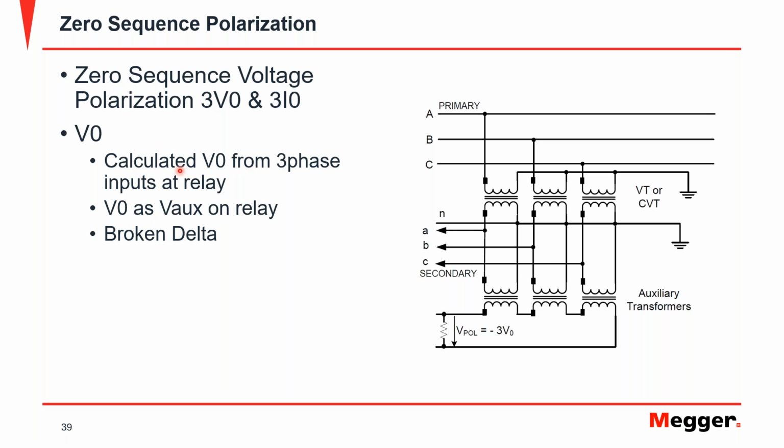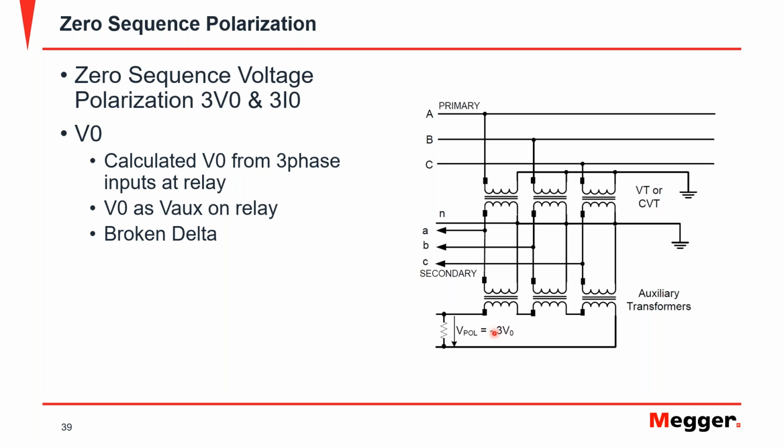It's calculated from the 3 voltage inputs on the relay. It could be a 4th voltage input that takes its input directly from a zero sequence PT connected to the neutral of a transformer, or we could get this input from a broken delta, as we see here.